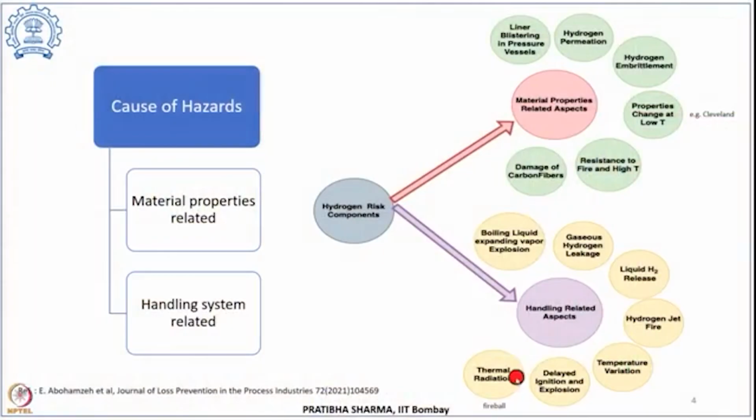It is also possible that there could be temperature variation. By temperature variation here we mean that when hydrogen is filled to high pressure in an onboard hydrogen storage tank, and we want the filling process to be as fast as possible, or comparable to the conventional gasoline based vehicle, then when the filling process is made faster, there is an increase in the temperature while compressing.